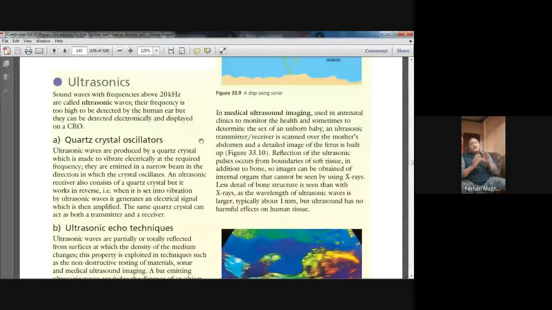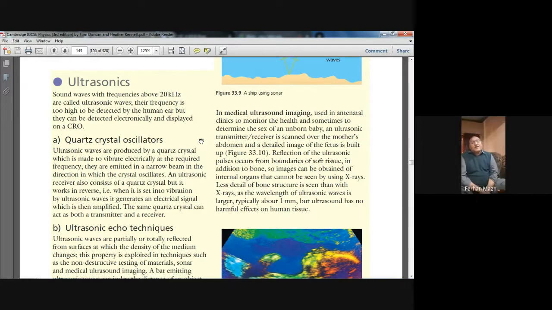The audible frequency range for the human is 20 to 20,000 hertz. So the sound waves whose frequency is less than 20 hertz, we call them infrasound, and the sound waves whose frequency is more than 20,000 hertz are called ultrasound.